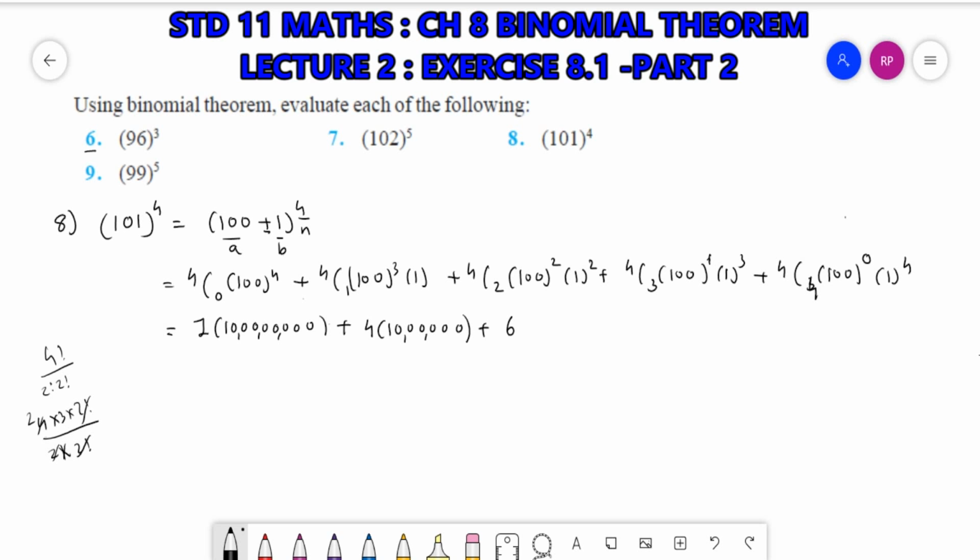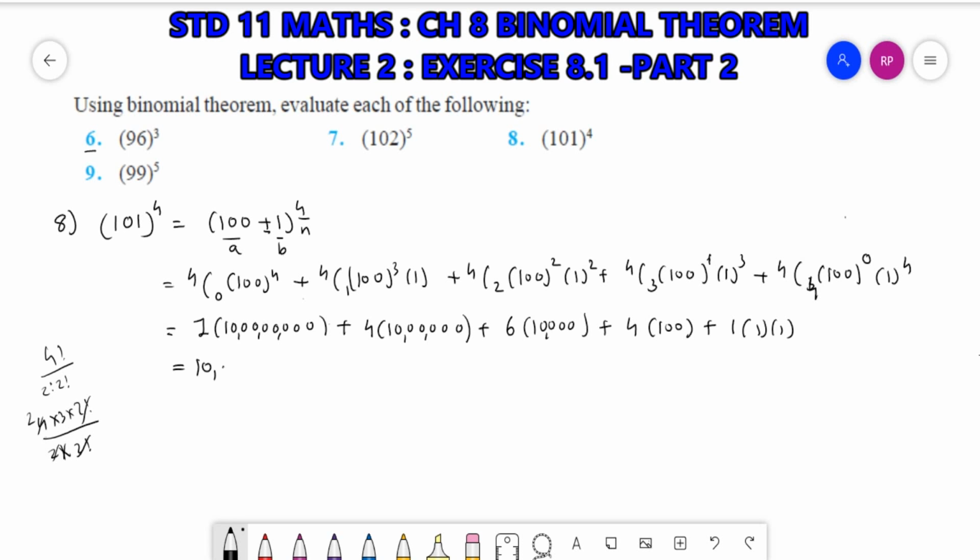So 6 into 100 square, 10,000. 4C3 is equal to 4C1, so 4 into 100. 4C4 is 1, 100 raised to 0, 1 raised to 4, 1.